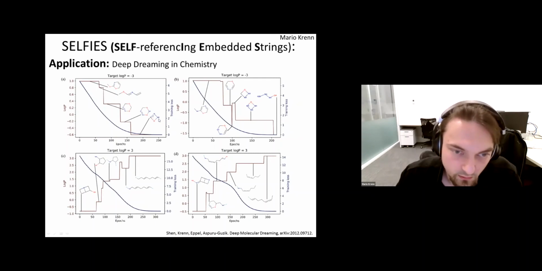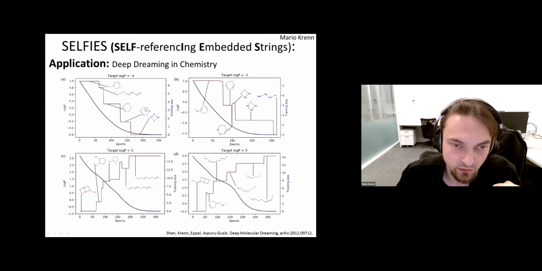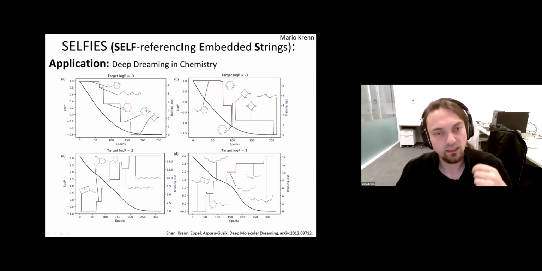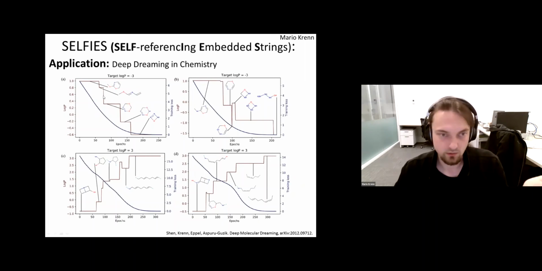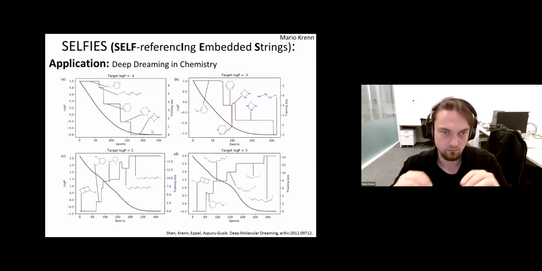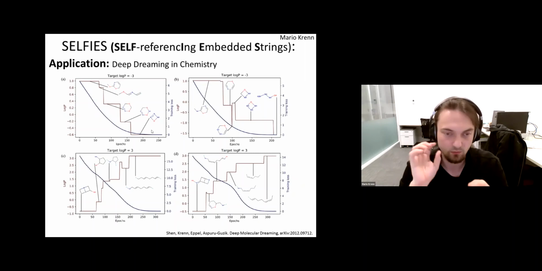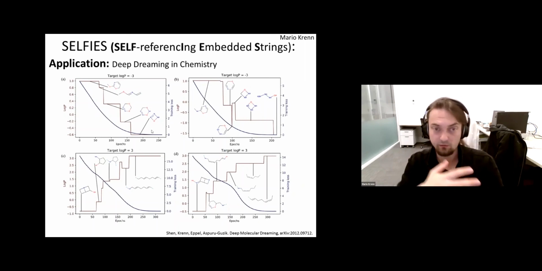Here it does a bit more radical change. It cuts out those two atoms. So they're not totally random changes, it seems, but they are also not super continuous or one by one. So you can have larger jumps.